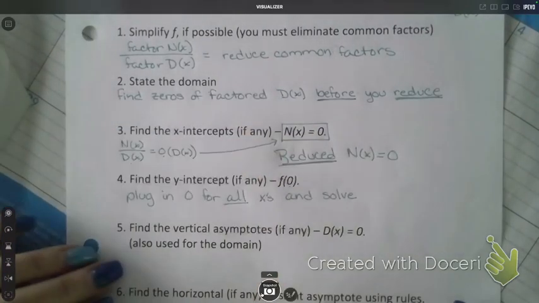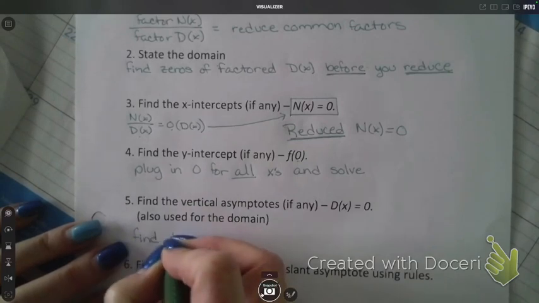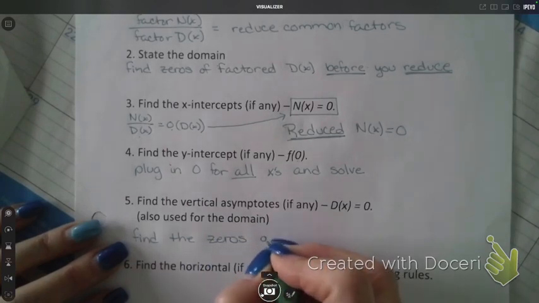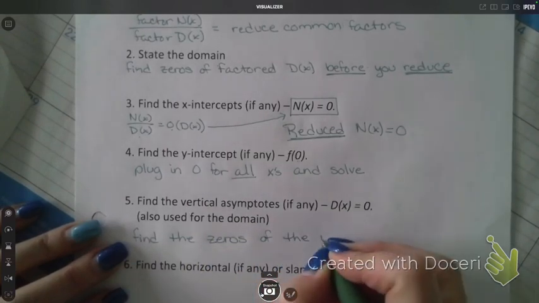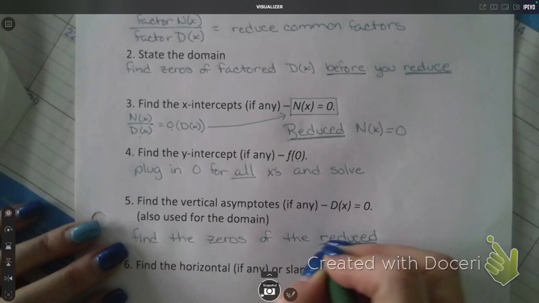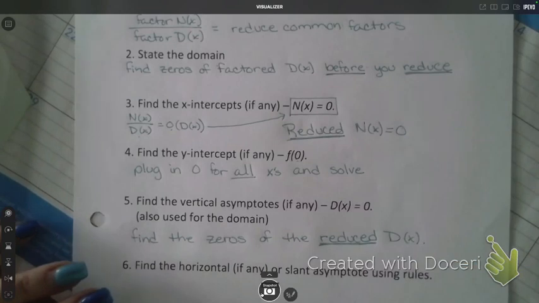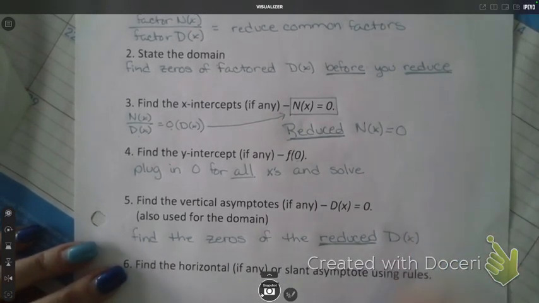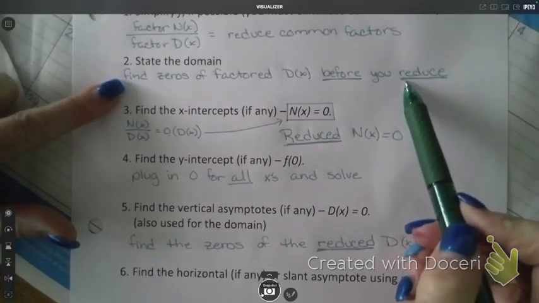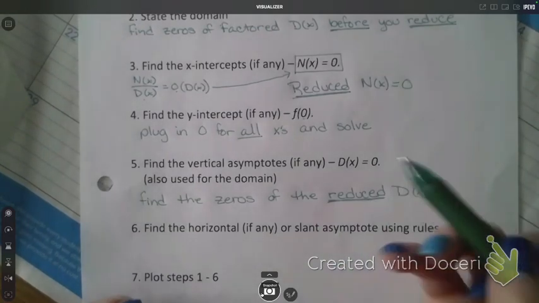Well, here you're going to find the zeros of the reduced d of x. So this is after you reduce. The only thing that's before you reduce is domain. Everything else is after. So this is reduced, and I have it right here. Do you see that?